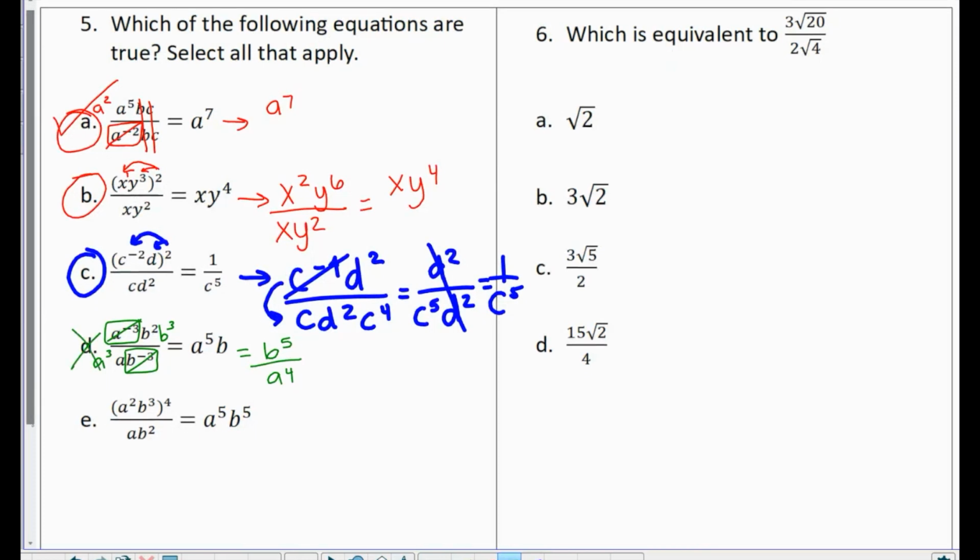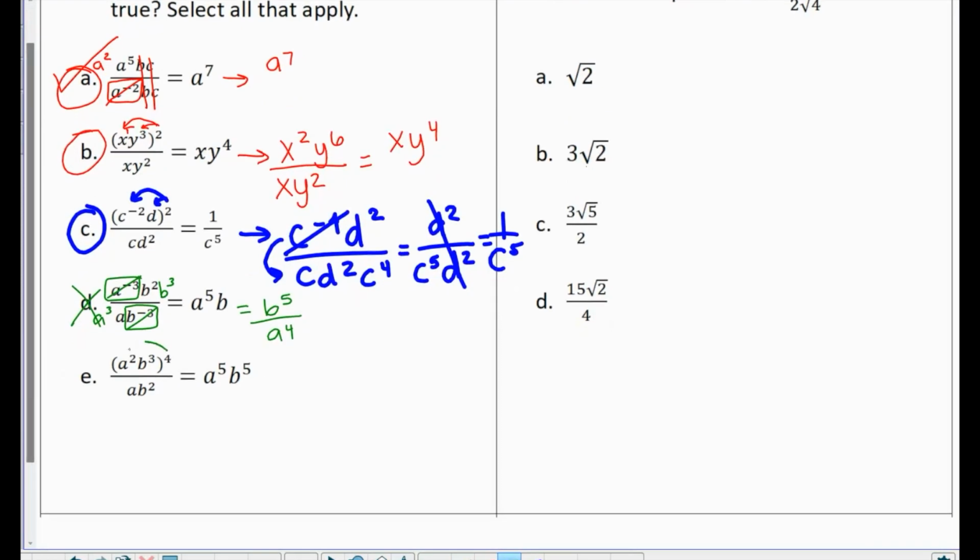And finally, letter E. Again, we have to distribute the power to a power. We get a to the 8th, b to the 12th, over a b squared. And again, we subtract: 8 on top, 1 on the bottom. I'm left with a to the 7th on the top, and b to the 10th, and that also does not match. So our answers are A, B, and C.